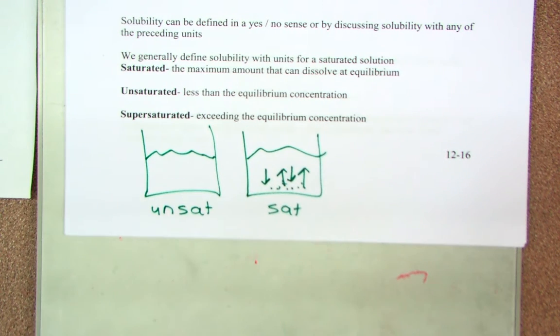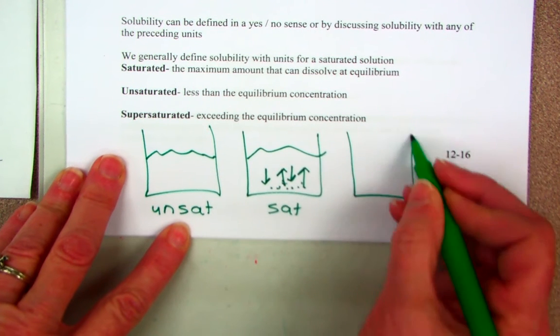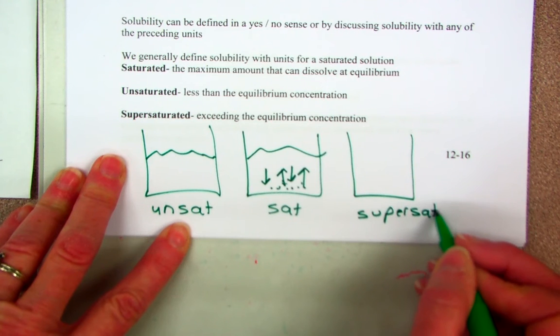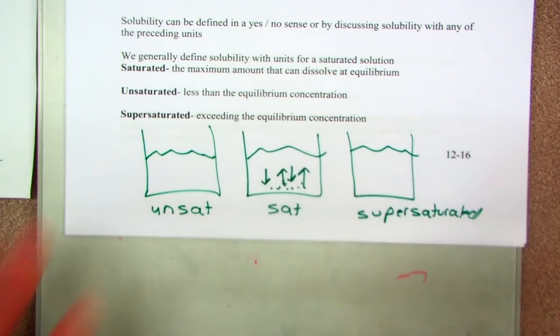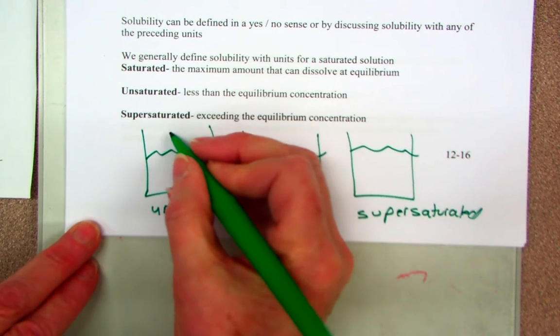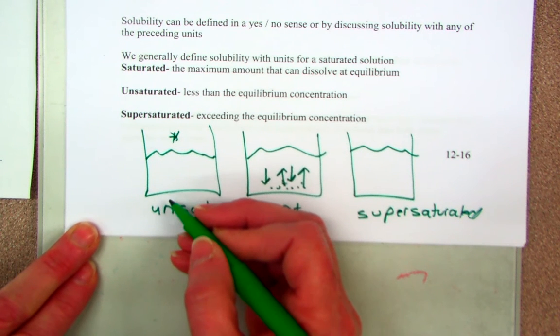And you can dump more in and it will dissolve. And when you have a supersaturated solution, you have exceeded the solubility amount, but it looks exactly like an unsaturated solution to your naked eye.